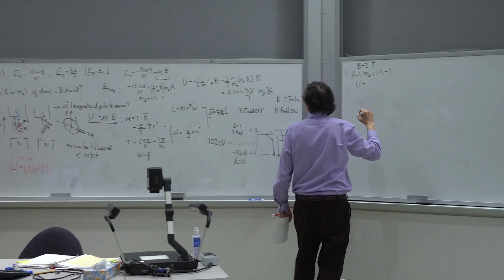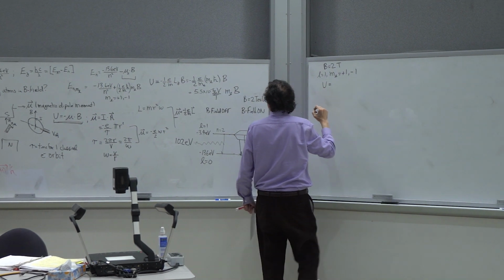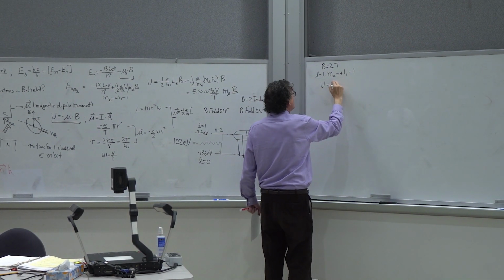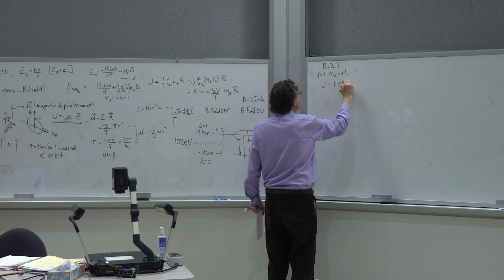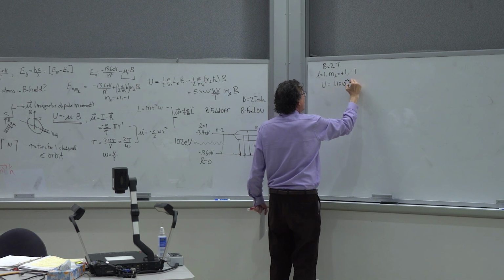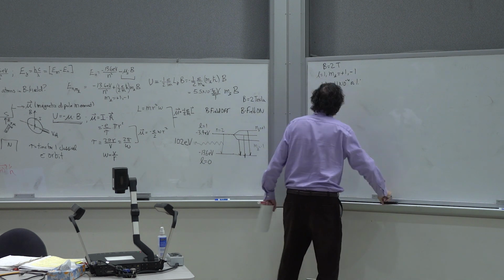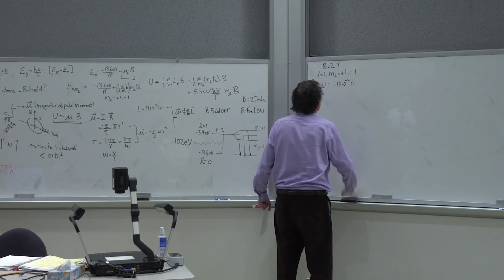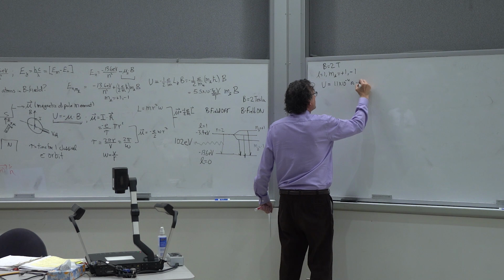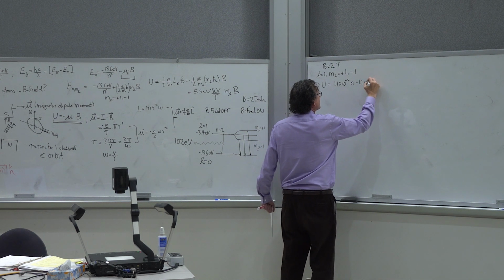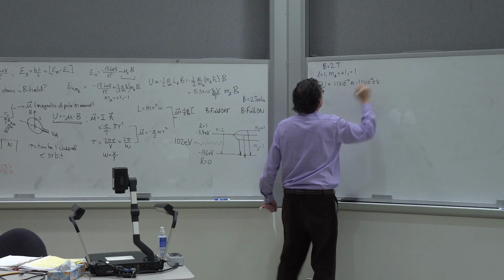And I now get that this can be 1.1 times 10 to the minus 4, or minus 1.1 times 10 to the minus 4 eV, right?